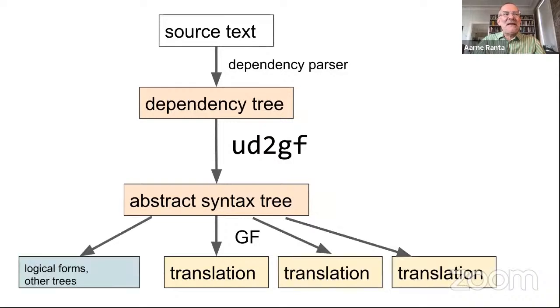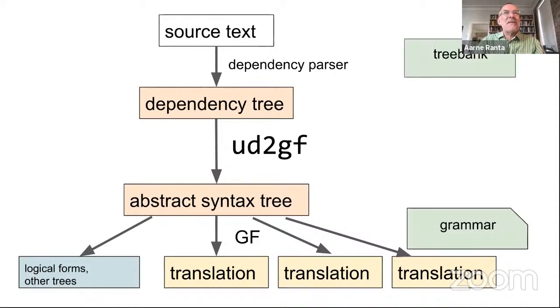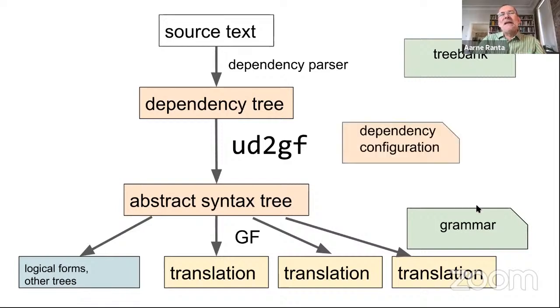So you get many translations, and you can also get logical forms or other trees, for example for augmentation and so on. The first part is done by a treebank, and then the second part by the grammar. Here you use these dependency configurations of the kind that I showed you, and then some others have to be added as well. I will not go into details now, but you can find all that on GitHub.